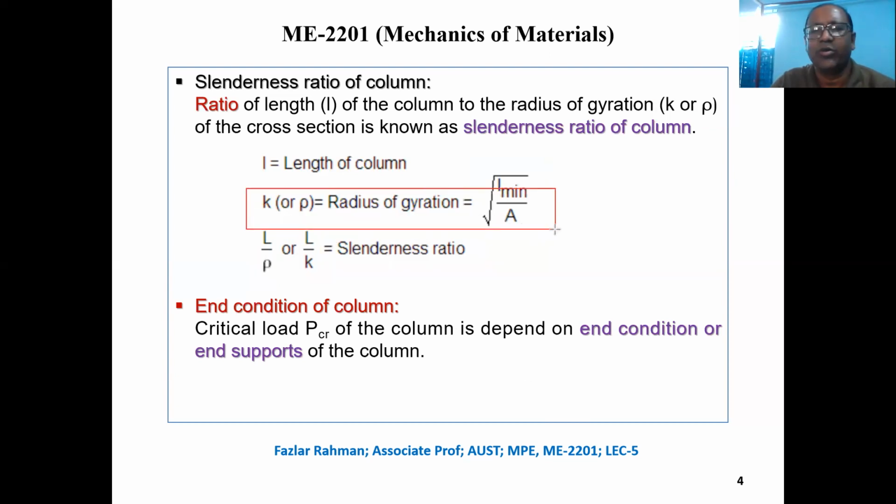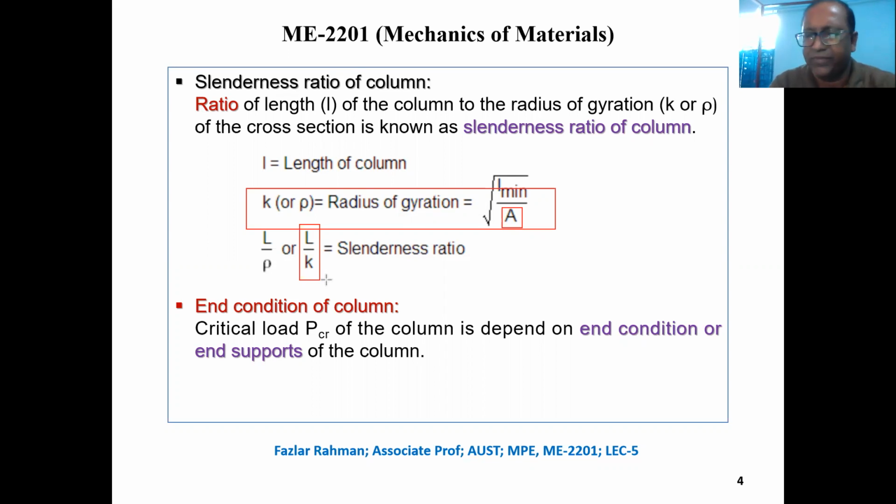K value will be low if you increase the cross-section A. If the cross-section is decreased, then the K value will be high. If K value is high, then L by K will be low. If K value is decreased, then L by K will be high. So remember that I need to know the length of the column, the radius of gyration, and the slenderness ratio.